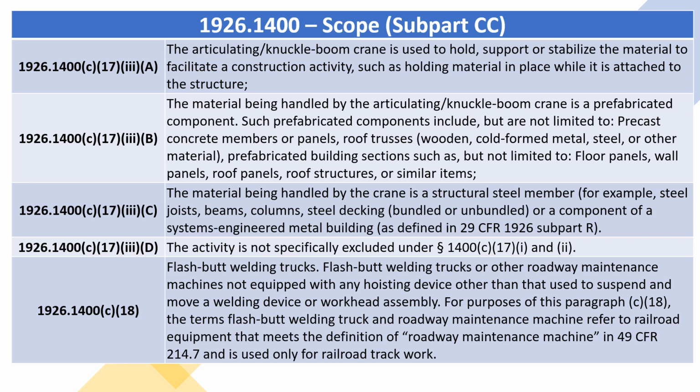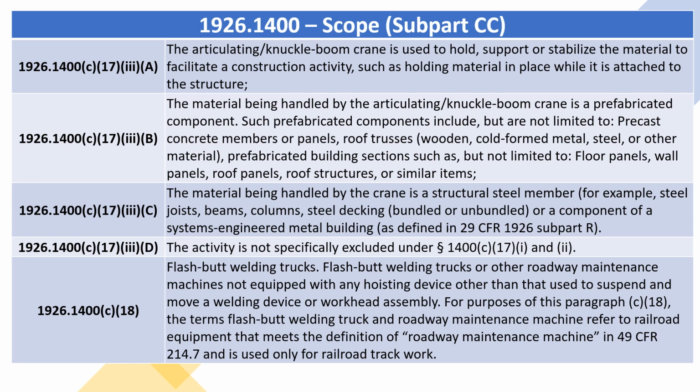Such prefabricated components include, but are not limited to, precast concrete members or panels, roof trusses, wooden, cold-formed metal, steel, or other material, prefabricated building sections such as, but not limited to, floor panels, wall panels, roof structures, or similar items; the material being handled by the crane is a structural steel member, for example, steel joists, beams, columns, steel decking, bundled or unbundled, or a component of a systems-engineered metal building, as defined in 29 CFR 1926 Subpart R; the activity is not specifically excluded under Section 1400(c)(17)(i) and (ii).